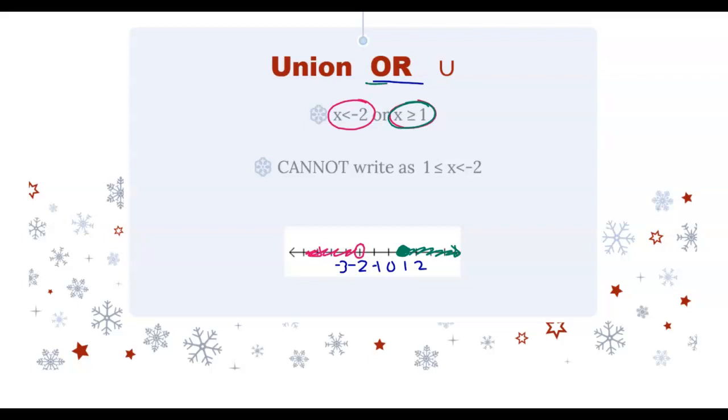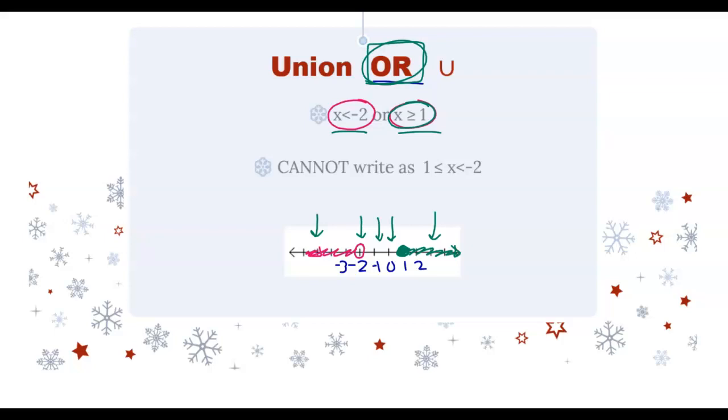But if I have an or, where is it true for this one or this one? It's everything that's shaded there. All of these in between are false. -2 would be false, and all of those would satisfy at least one of the inequalities. So the or means your solution set is satisfying at least one or the other, not just both.